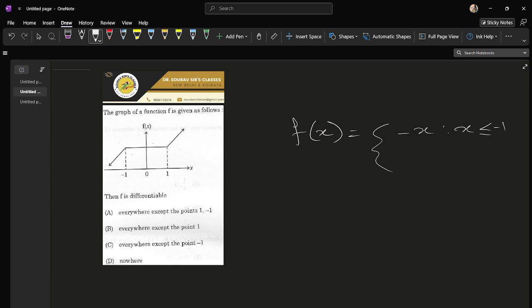So when our x is from -1 to 1, then our output, that means f(x), will be 1, and after that it will be x, for x greater than or equal to 1.